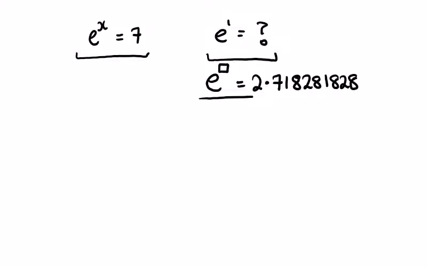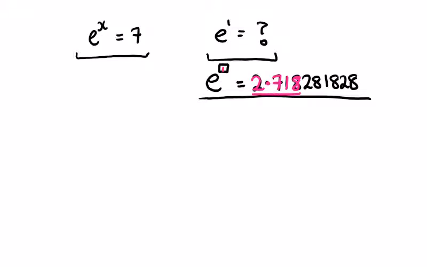Now we never need to see this number, so what I want you to do is remember that e to the power of 1 is 2.718, and that's what I would round it off to when I'm using it, kind of just estimating stuff.